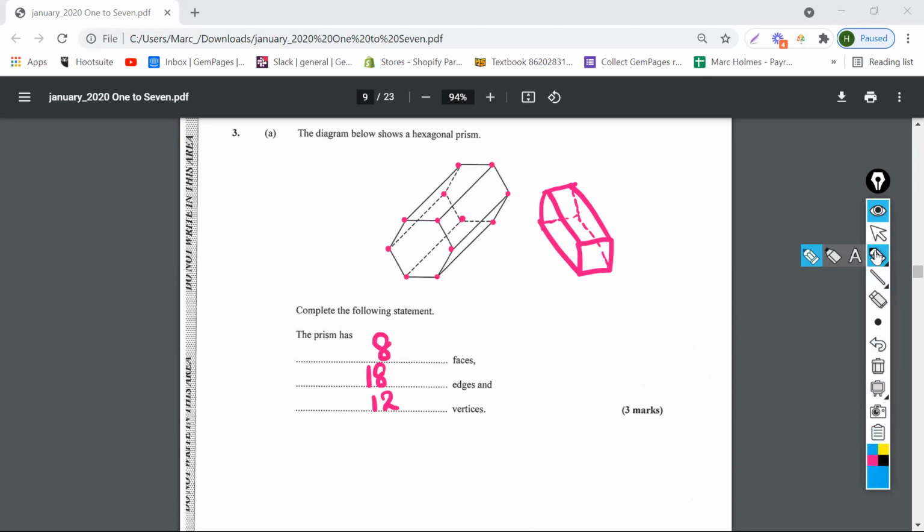Let me make it blue. 1, 2, 3, 4. 1, 2, 3, 4. Make sense? Yeah. That would be the vertices for a cuboid. So it's just the points at which many edges come together. Make sense? Yeah.